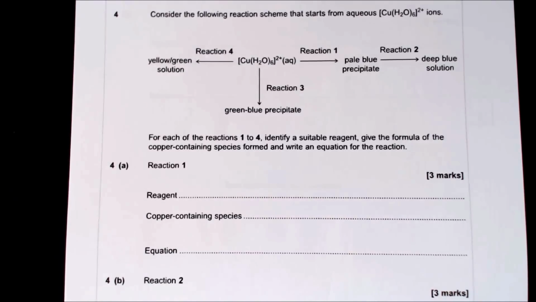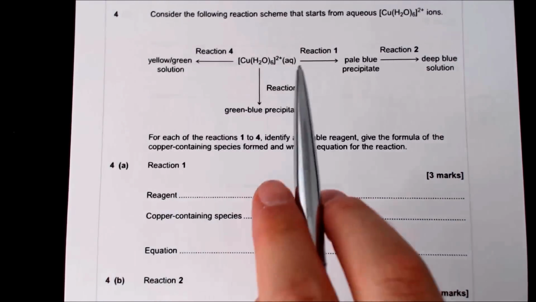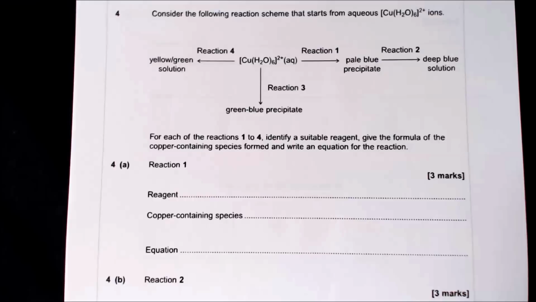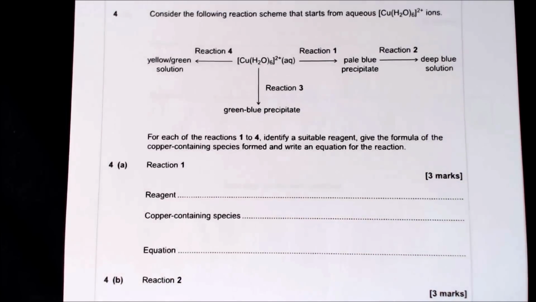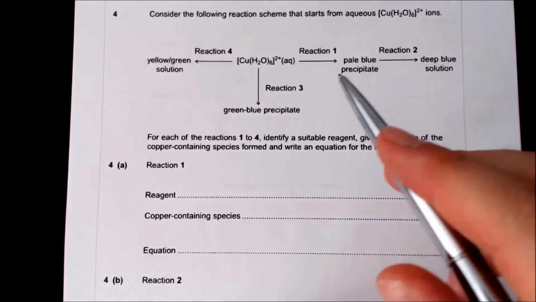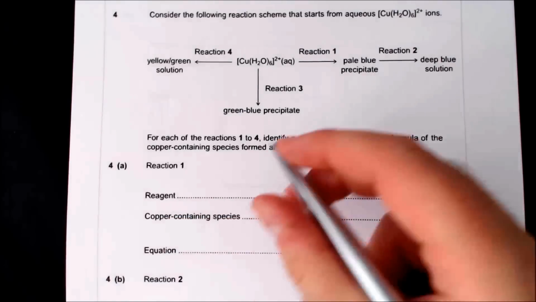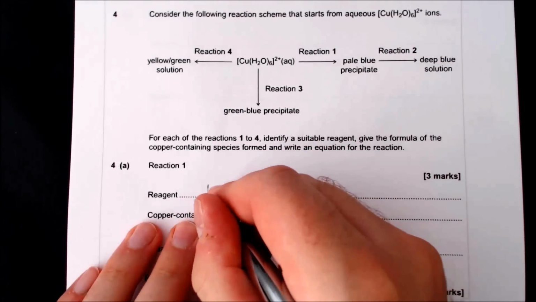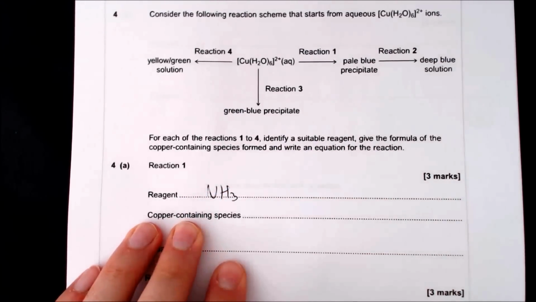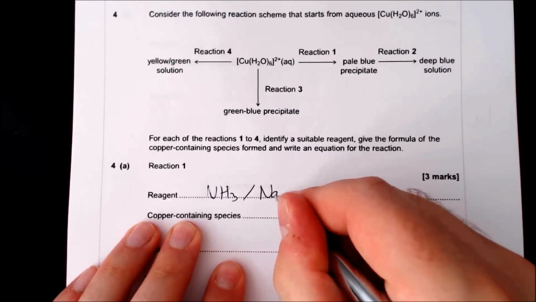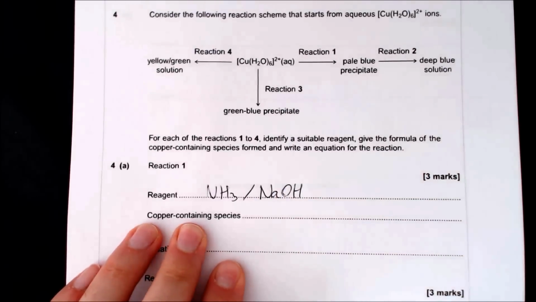Okay, so we're going to start with reaction 1, which is this one here, and you can see we're forming a pale blue precipitate. Now, a precipitate is being formed, which suggests that we are adding a small amount of a base, so something like ammonia or something like sodium hydroxide, but we're only just adding a small amount.